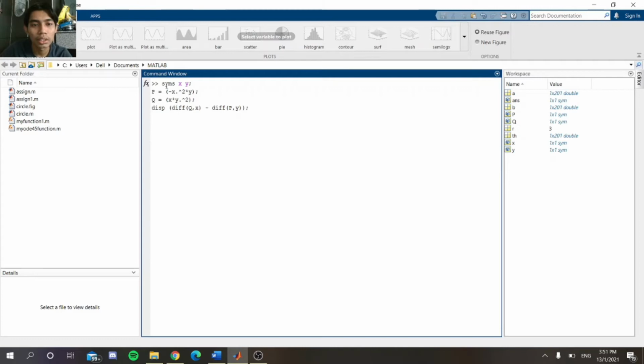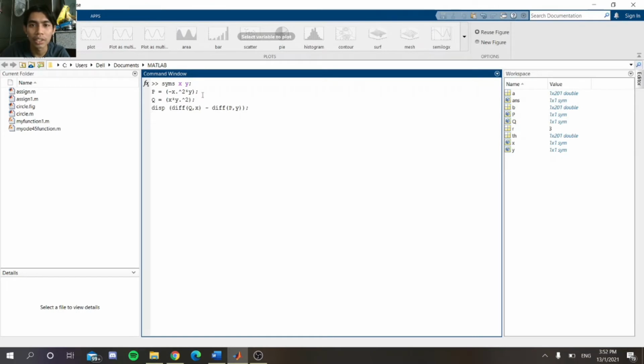Then we solve the equation, where our equation is minus x squared y dx plus x y squared dy, where we know the dx part is P(x,y) and the dy part is Q(x,y). So we write syms x y, then we write P equal to minus x squared y and Q equal to x y squared.